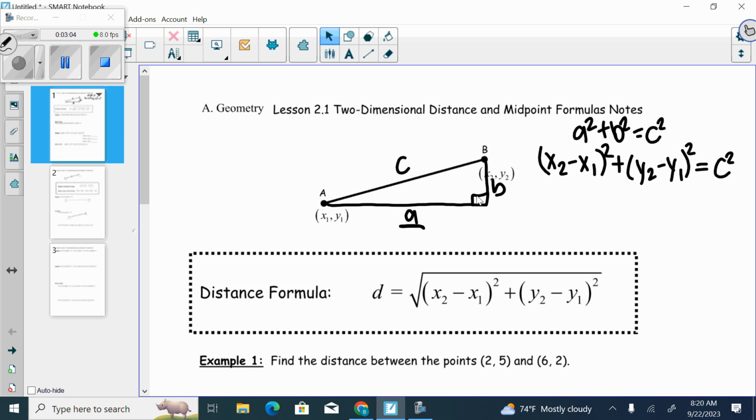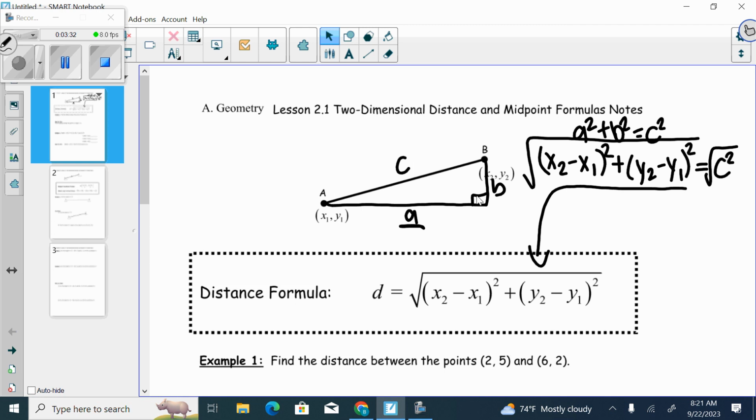But I don't want c squared, I just want c, right? So how do I get rid of a square? Take the square root. And if I take the square root of one side of the equation, I have to take the square root of the other side, right? And this is that formula right there. So that's where it comes from. It's based off of Pythagorean theorem, all right?